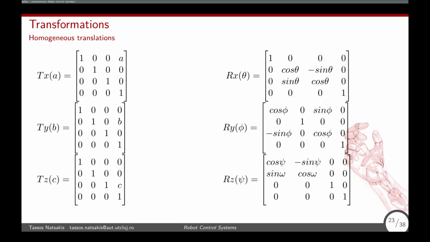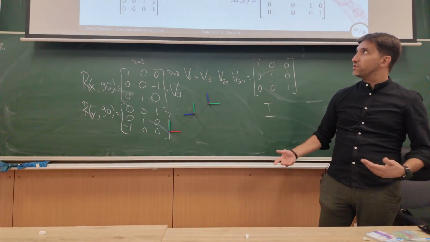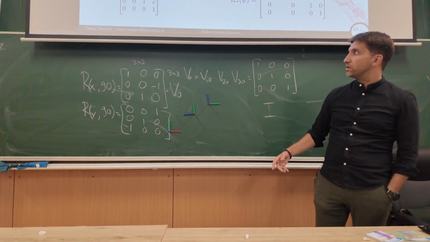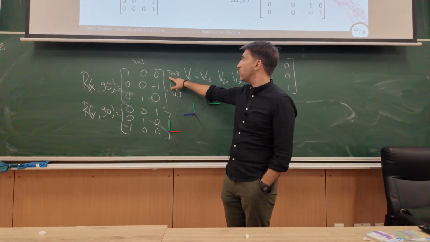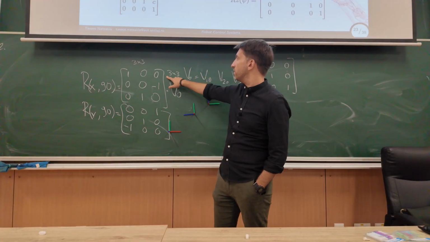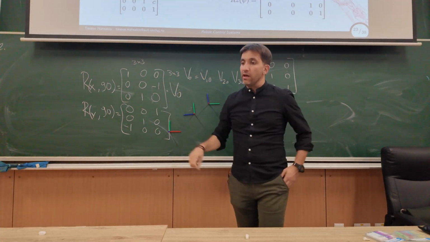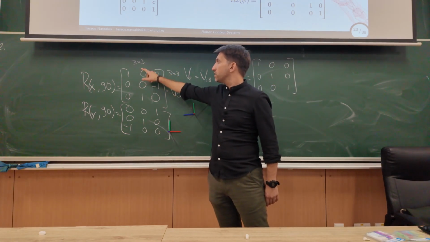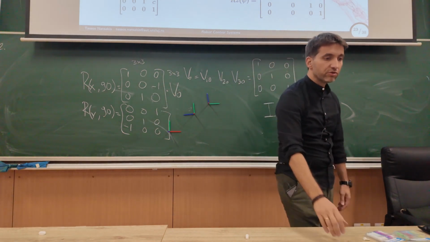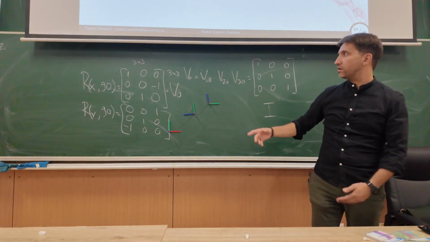Right. Now, in order to move things around, we said that we have a coordinate frame represented by a 3 by 3 matrix multiplied by a 3 by 3 matrix. If we expand to a 4 by 4 matrix for transformations, then we need to also expand to a 4 by 4 matrix for the coordinate frame.